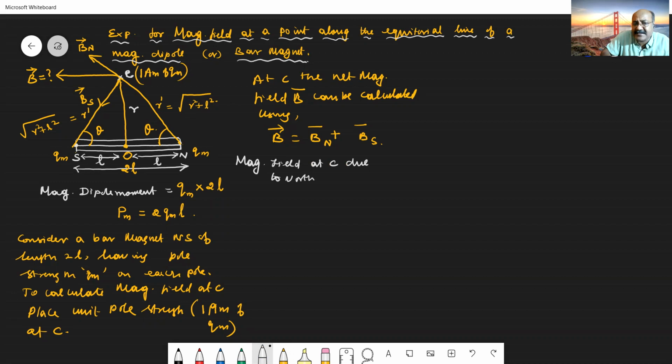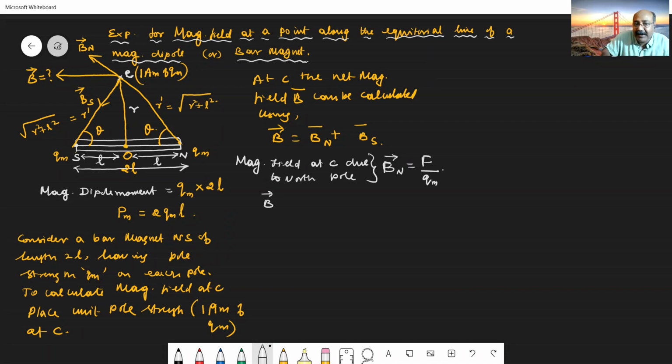So the magnetic field at C due to North Pole is Bn. What is Bn vector? In the last class itself, I have told you: force acting on this unit pole strength divided by the pole strength placed at that point.